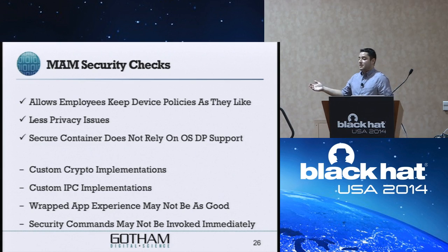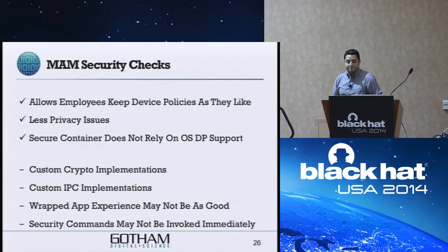But if I want to access organization data, I'm probably going to have some strict policies just to access those apps. Less privacy issues. You can't query as much as MDM does, because now you're kind of restricted to the sandbox and what it allows you to do. And you can enforce security better because this is all custom stuff. If I want to enforce my cryptography and my security, I can do that because we can actually write it.